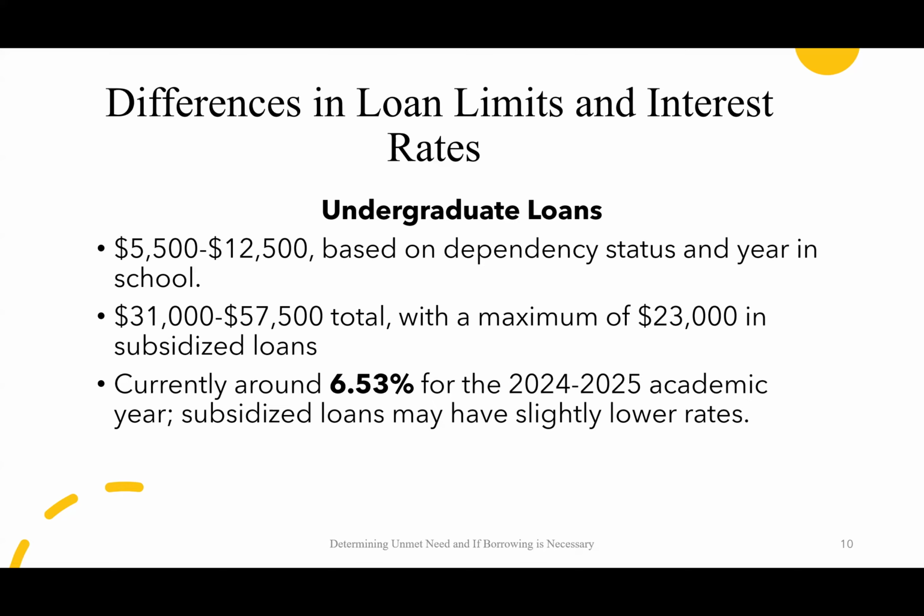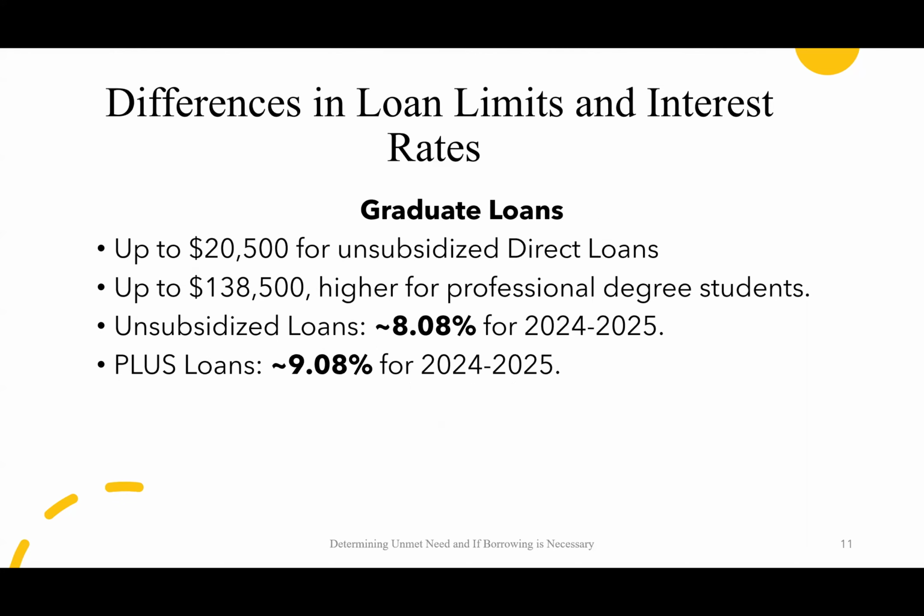We also have an aggregate limit of $31,000 to $57,500 total, with a maximum of $23,000 in subsidized. The interest rates for these loans are currently around 6.53% for the 24-25 academic year. The subsidized loans may have slightly lower rates, a little bit under 6%.